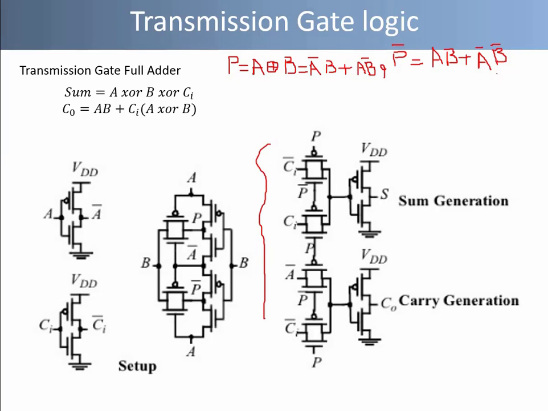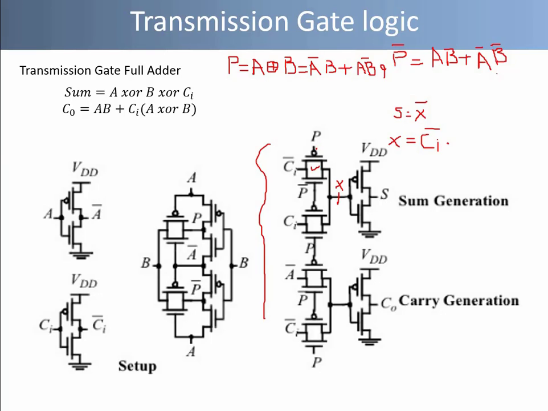Now this portion of the circuit is behaving like an inverting multiplexer. So S is equal to X complement, and the intermediate node X is equal to Ci complement when P is 0. When P is 0, this PMOS is turned on and P complement becomes 1, which turns on this NMOS. So this transmission gate turns on when P is equal to 0.